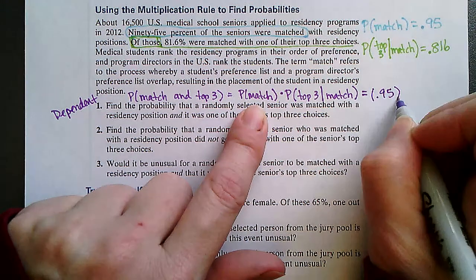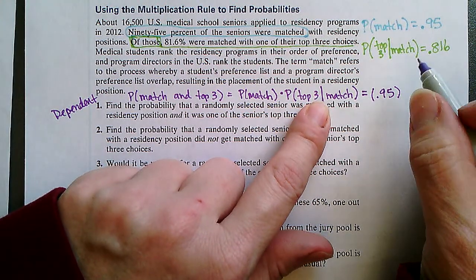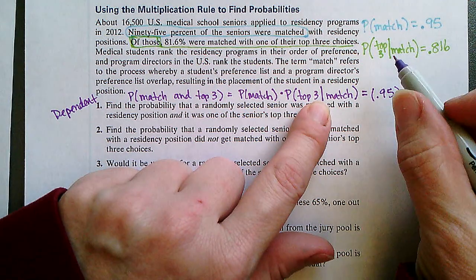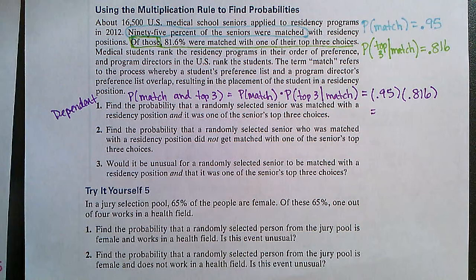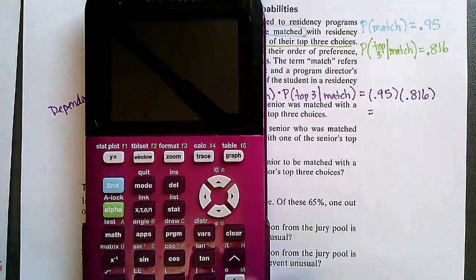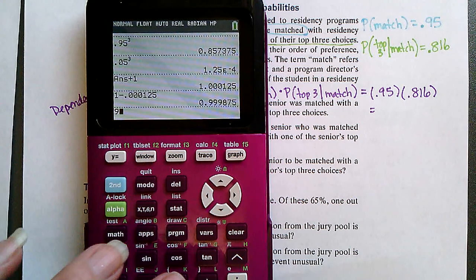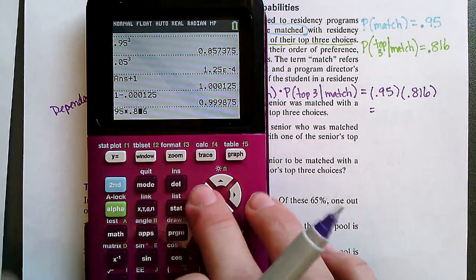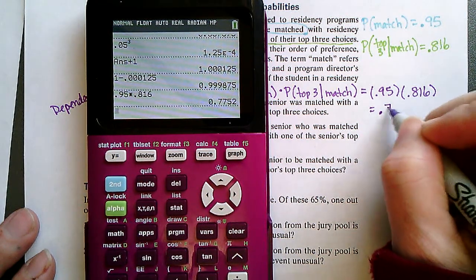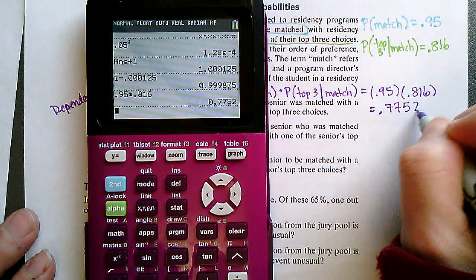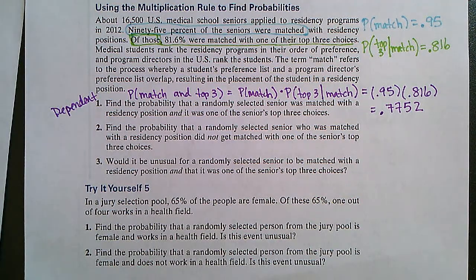And the probability of being a top 3 school given that I got a match is 0.816. So all I need to do then is multiply those together. And that's going to be 0.7752. If I'm following the rounding rule, it would be 0.775.